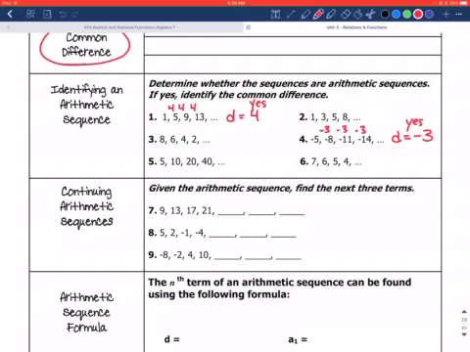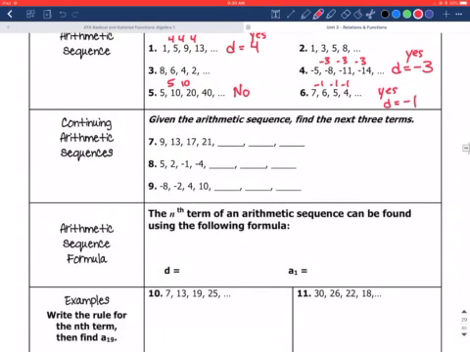Now look at number 5. 5 to 10 is 5, 10 to 20 is 10. Immediately right there, no. This is not an arithmetic sequence because an arithmetic sequence only increases by adding or subtracting something, okay? But remember, if you are going down, then your common difference is a negative number, okay?